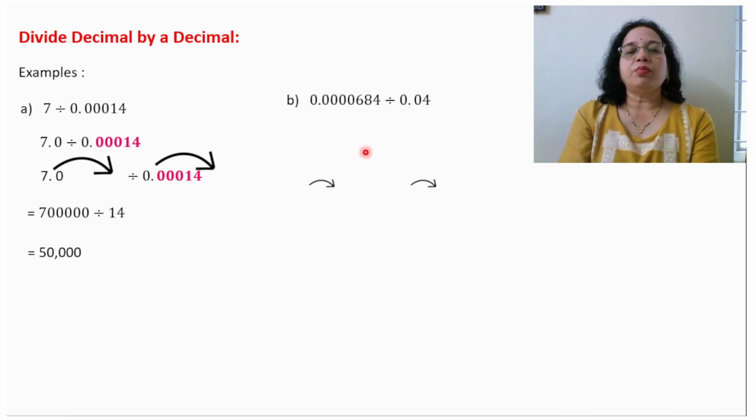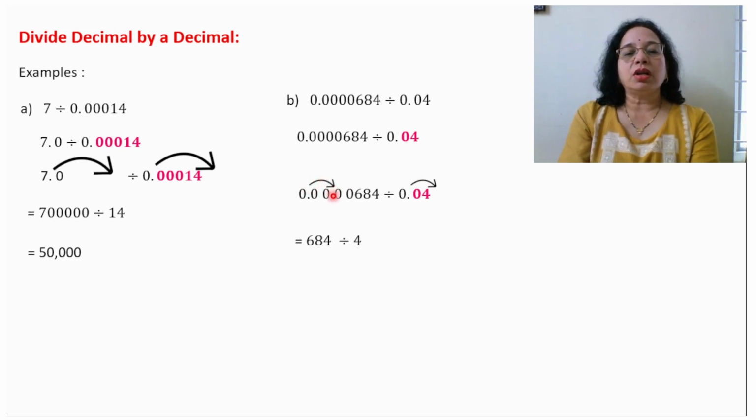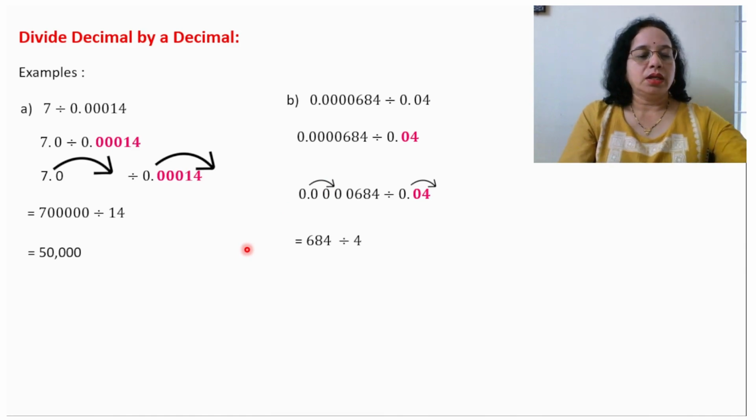Take one more example. So again your decimal is there in divisor. So you need to convert into a whole number. So now two places are there. So two places we will shift the decimal in divisor. So two places we will shift in dividend also. So the number will be, there is some mistake.